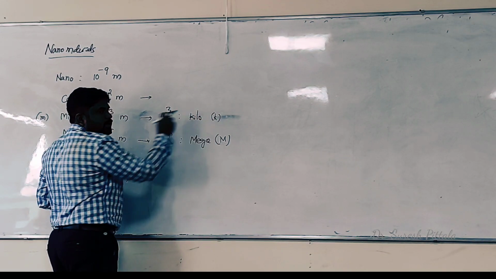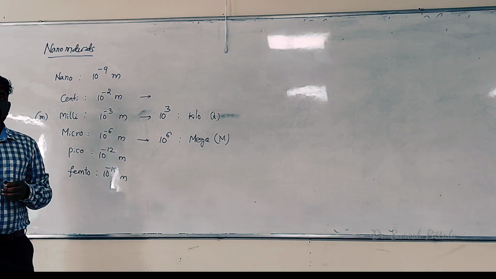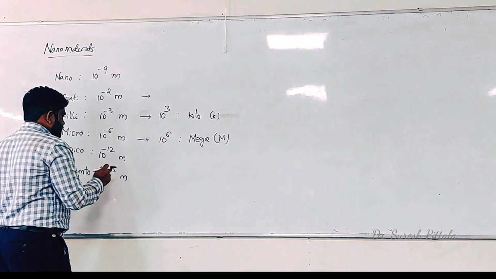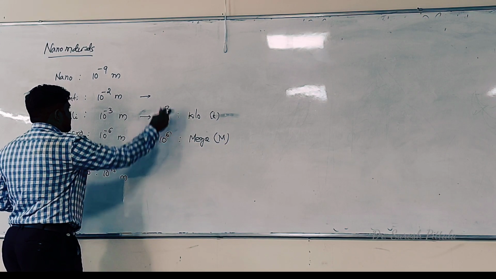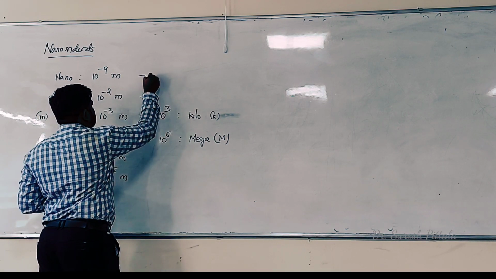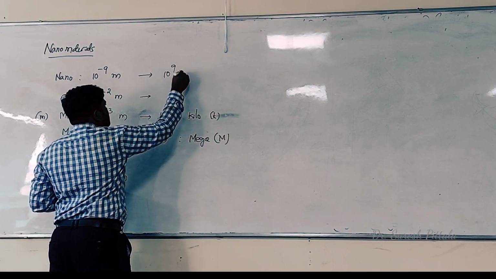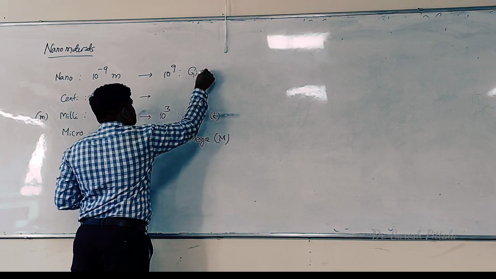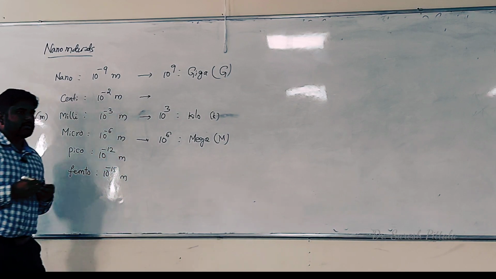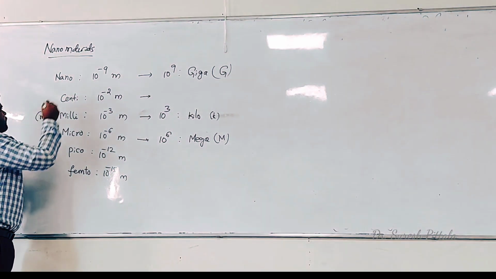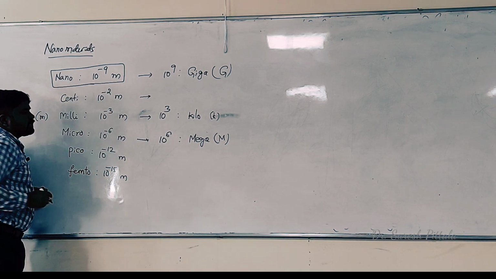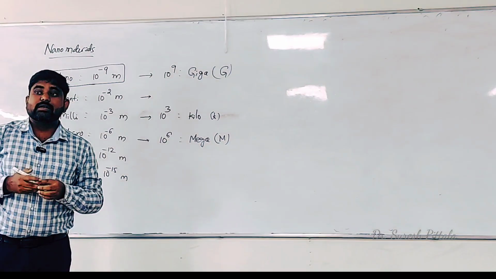Kilo is always small k. Capital K goes to the temperature, Kelvin. Then 10 power 9 is giga, capital G. So our technology now is in the range of 10 power minus 9 meter length scales.